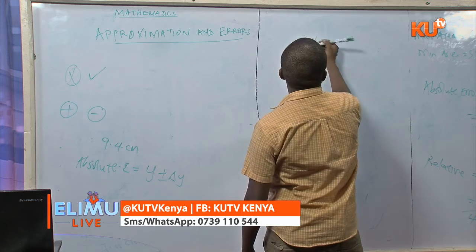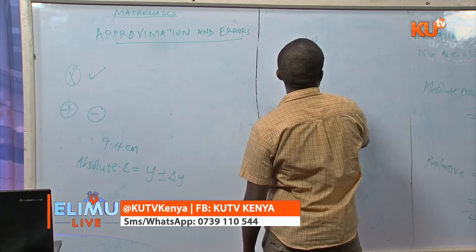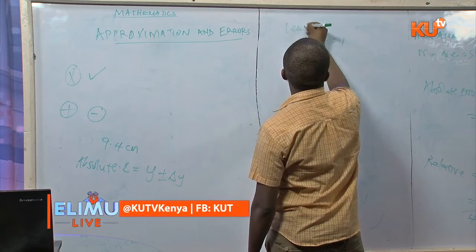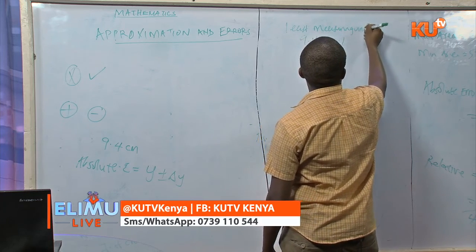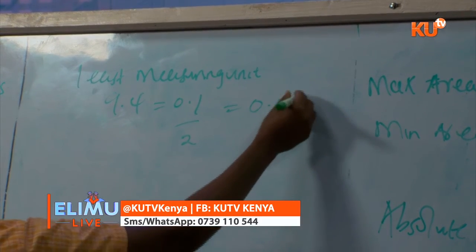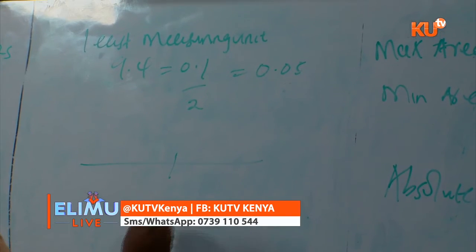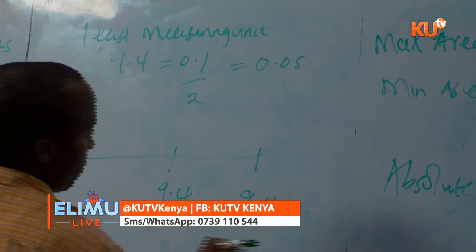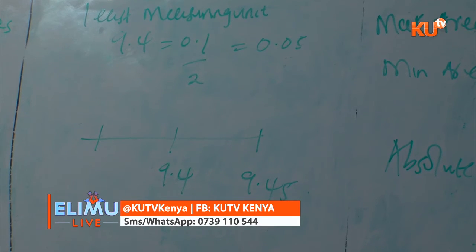So simple calculation there. The wrist measuring unit, we say that one to be 0.1, we divide by 2, to be 0.05. So the upper bound and the lower bound for this measurement 9.4: if this is actual, the upper bound will be 9.45, and the lower bound, you just minus 0.05, which is very simple.